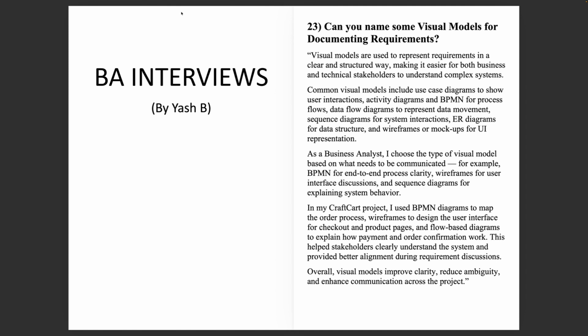This helps stakeholders clearly understand the system and provides better alignment during requirement discussion. Overall, visual models improve clarity, reduce ambiguity, and enhance communication across the project.